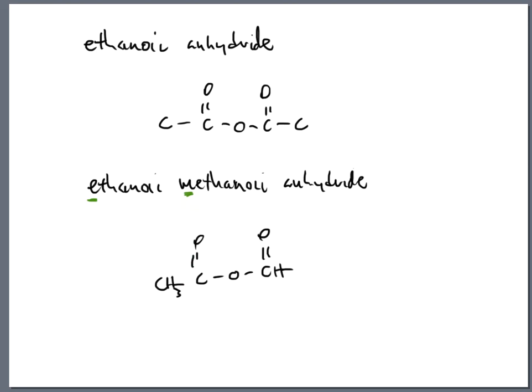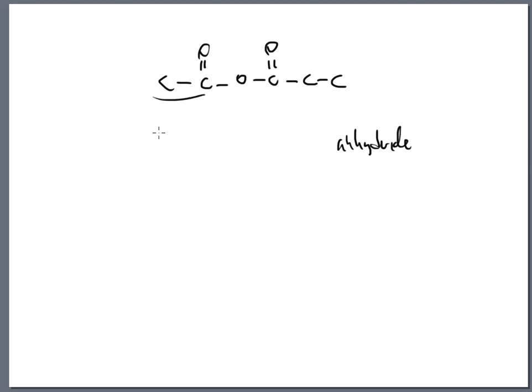All right, so let's do another example. Let's say that we have a C double bond O, O, C double bond O, and on this side and this side, we've got some carbons. Let's give it a name. Let's go backward. Let's go the other way now. Okay. Well, I see this C double bond O, O, C double bond O. Okay, so there's the anhydride piece. So this side is a 2-carbon chain, and this is an ethan.